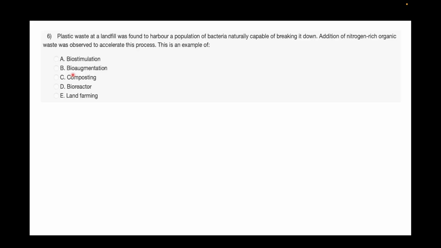Option A, biostimulation. Option B, bioaugmentation. Option C, composting. Is it a bioreactor or land farming? Okay, let us take a minute or so and arrive at some answers in the chat box. I will come back to this question and tell you what is the correct answer.